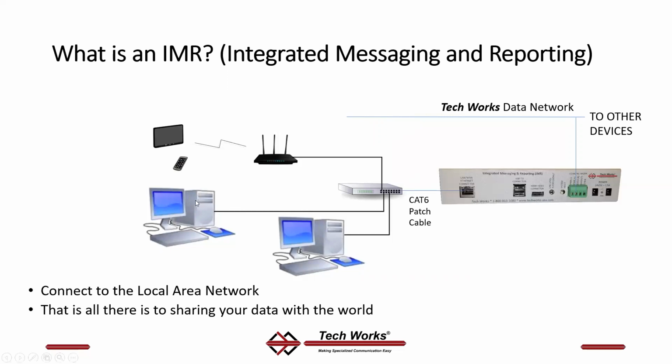But in order to make that happen in a concise and understandable manner, you have to tell this IMR what all those points are. Otherwise, it's just a bunch of data. It doesn't know. It says point 111 came on at this time, point 111 went off at this time.